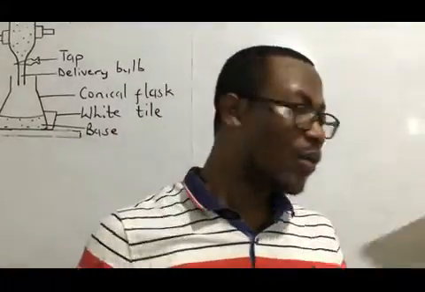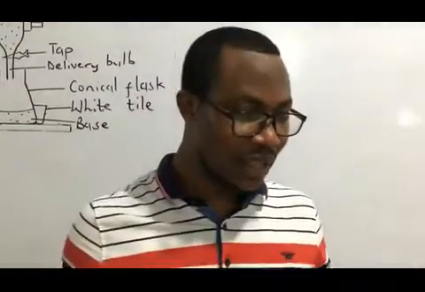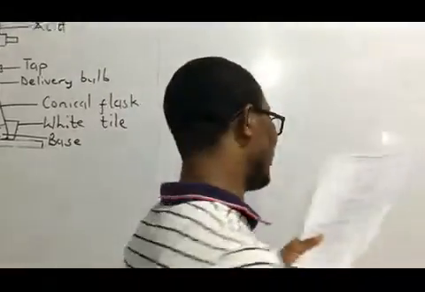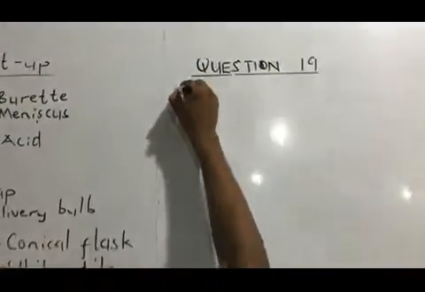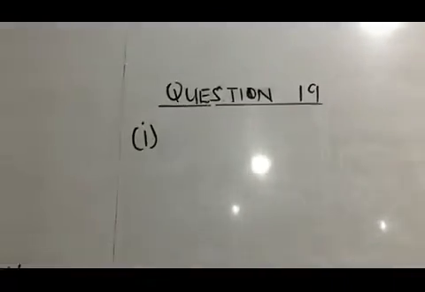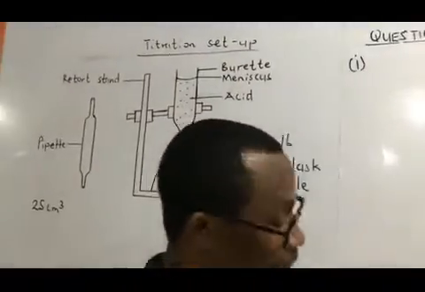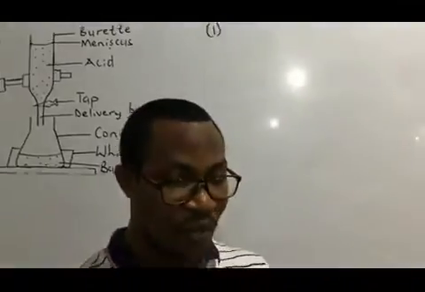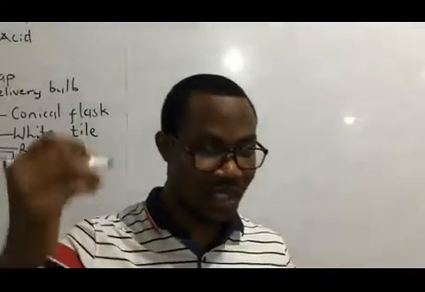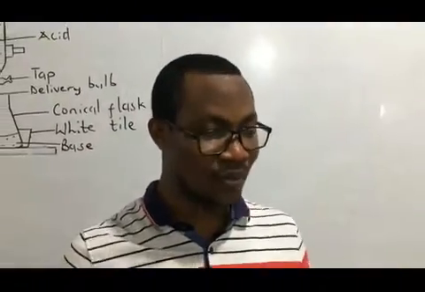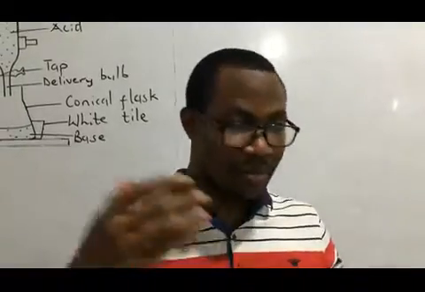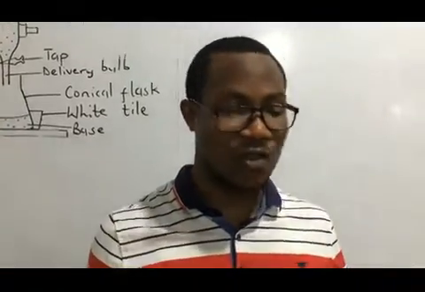Question I says, name the process illustrated above. The setup there is similar to what I've drawn here. So this is acid-base titration, or simply put, you can just write titration.